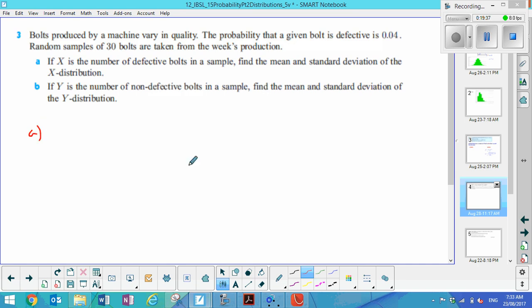So our mean, remember, you can just simply go, the number of trials was 30, and the probability was 0.04. So the average number of defective bolts, that's our random variable, will come out at 1.2.